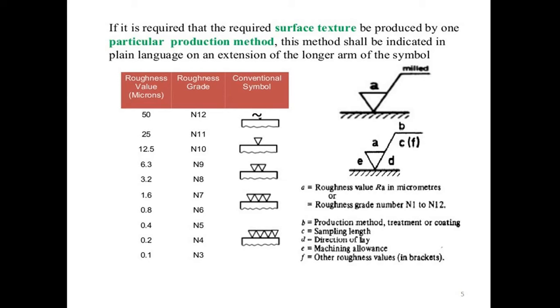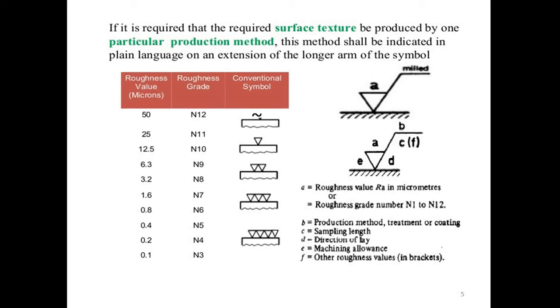And this can be achieved with the help of various machining processes, that is super finishing processes like honing, burnishing, lapping, etc. In a production drawing or in an industrial drawing, you will observe that they indicate Ra value or some grade value or some symbols.